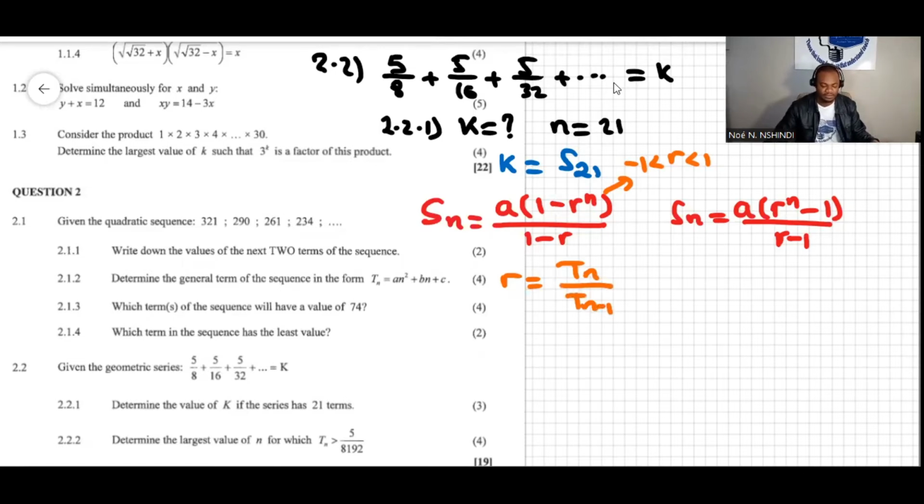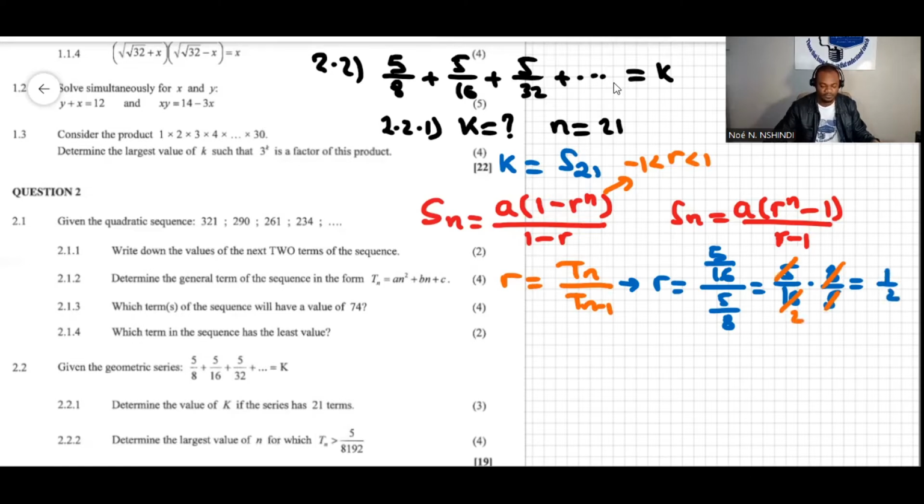Then let's find r. If I take 5/16 over 5/8, this will be 5/16 multiplied by 8/5, which is equal to, okay, we can simplify the 5, and then there is also 2. So this will be equal to 1/2.